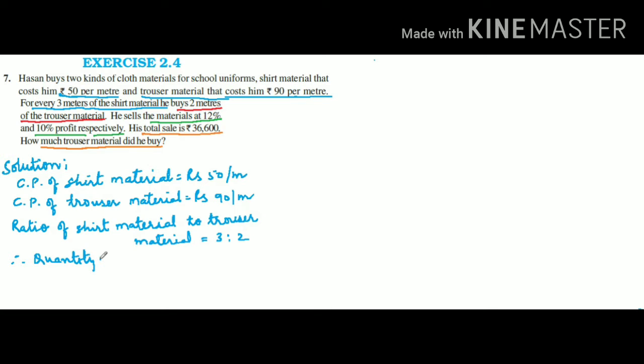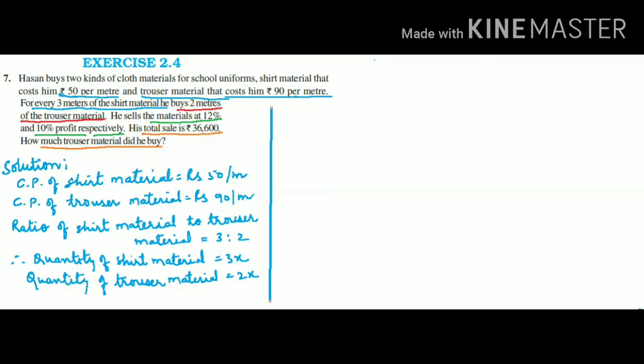So we'll write quantity of shirt material is equal to 3x and quantity of trouser material is equal to 2x.